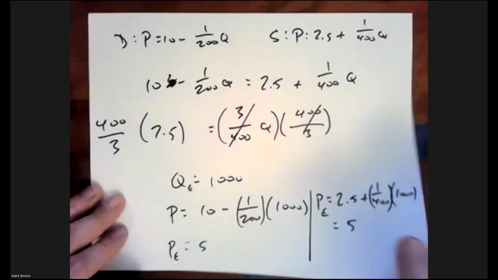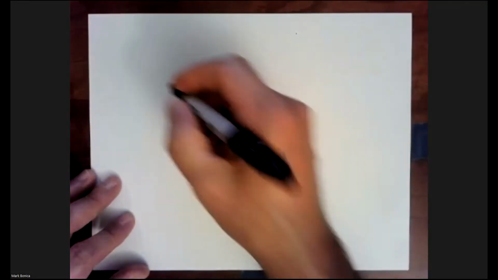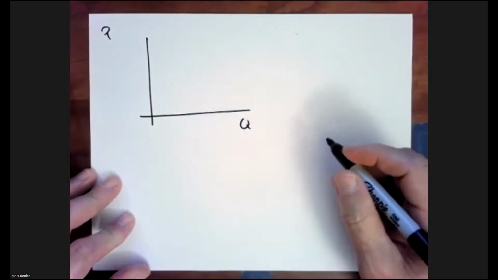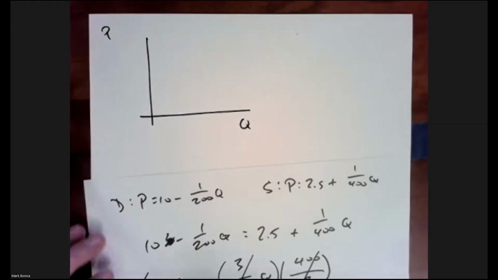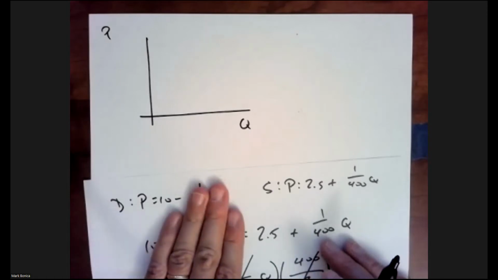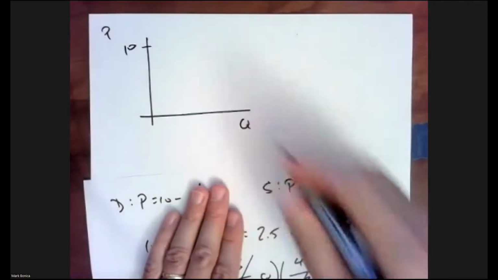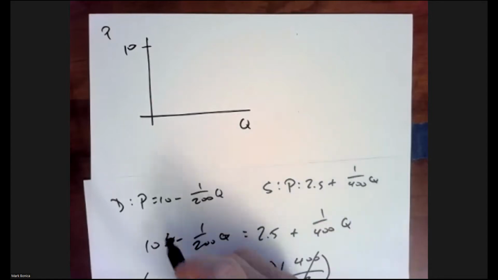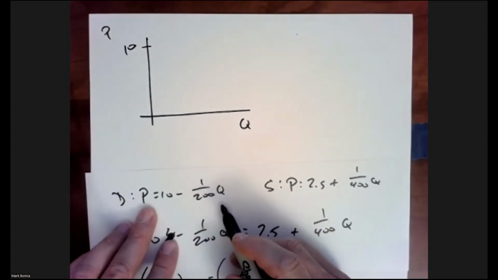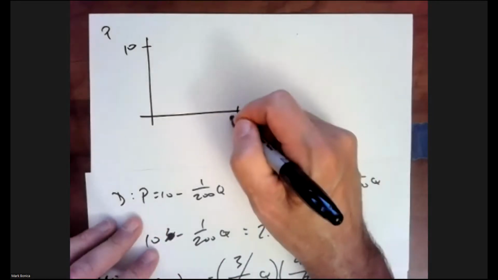In order to calculate that, the best thing to do is to draw out our graph, right? We have our demand curve, P equals 10 minus 1 over 200 Q. So if Q is 0, then P is 10. And when P is 0, Q is 2,000, since 200 times 10 is 2,000.